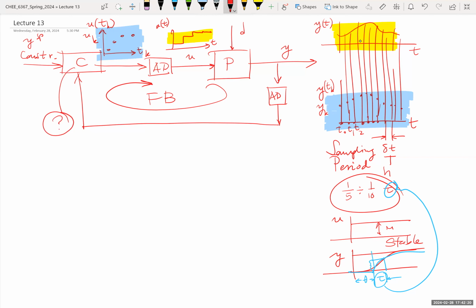Give an array to a computer, it does things very easily. We'll do this on Excel, by the way, and solve just a couple of examples. But we humans like pictures and continuous things. So I'll try to go back and forth in as exciting a way as possible so we can maintain some intuition and some sanity in all this.